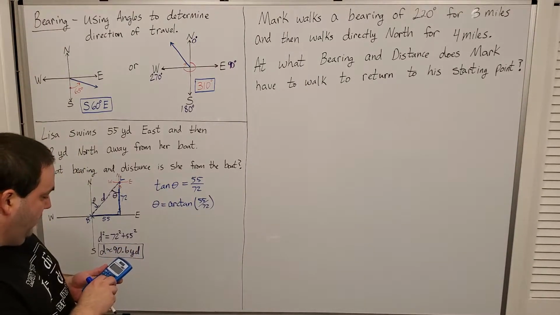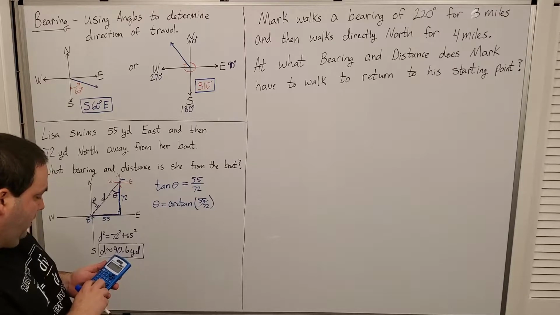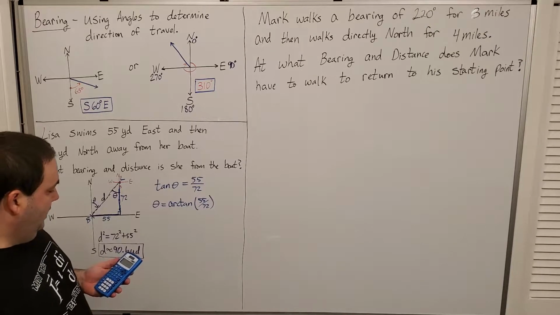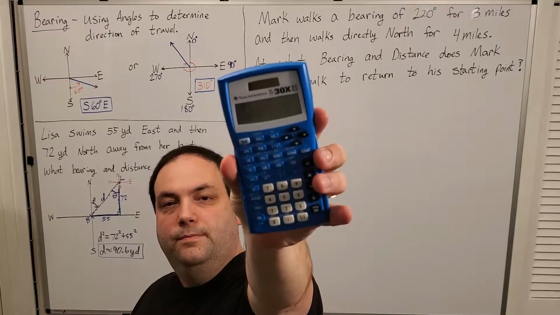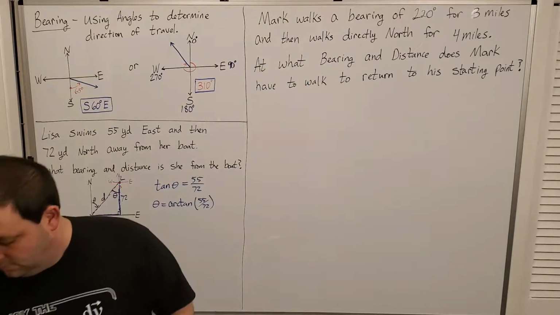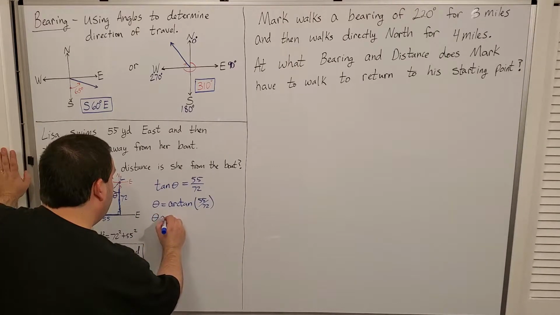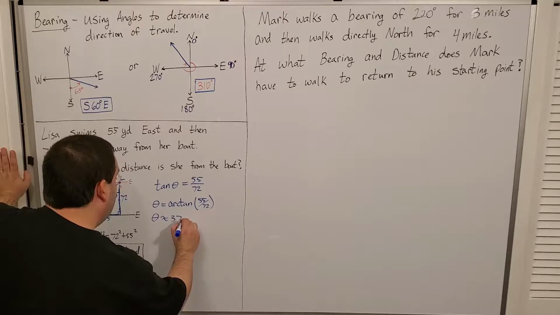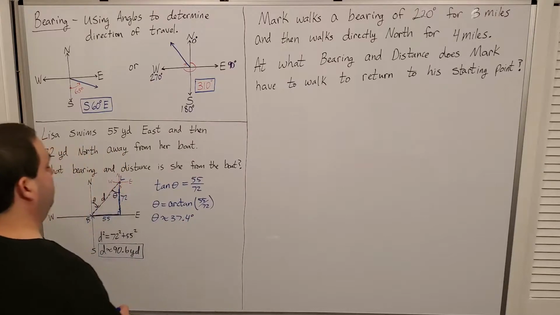Make sure you're in degrees. So inverse tangent, 55 divided by 72, gives me 37.3758. So theta is approximately 37.4 degrees.